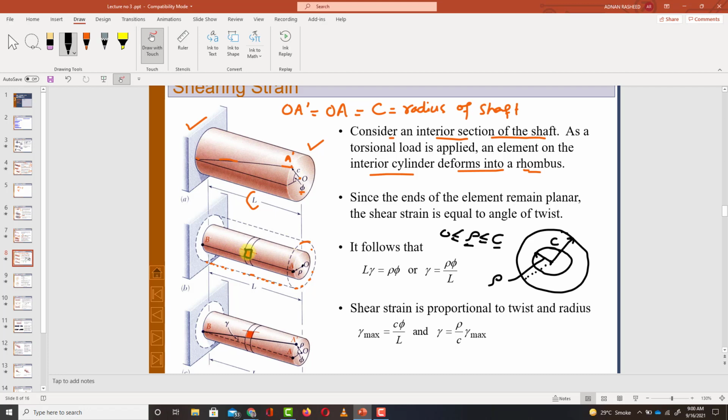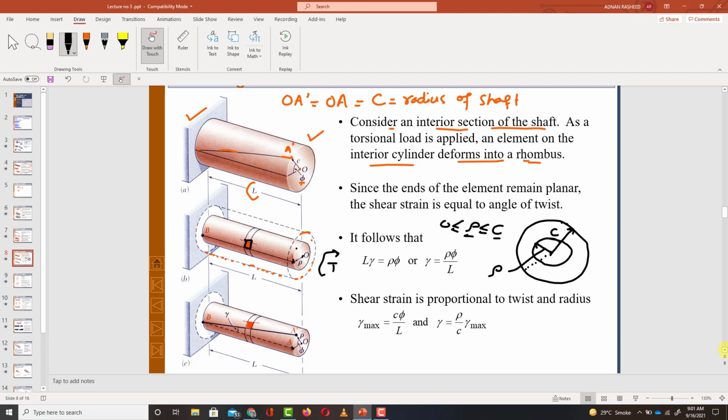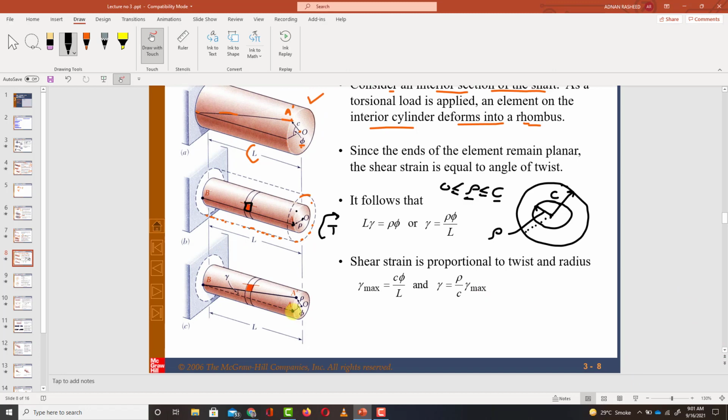but after applying the torque, it will create angular deformation in the shaft. Now the point A is shifted to point A dash. You can see here that this point A has been shifted to this point A dash, and similarly rho will remain the same because OA and OA dash are the same, that is rho.